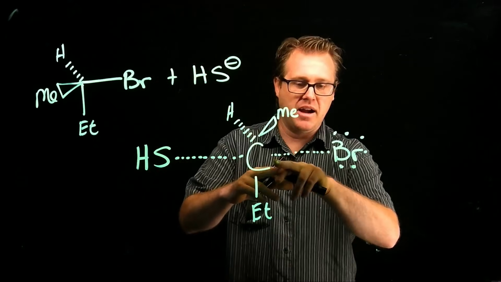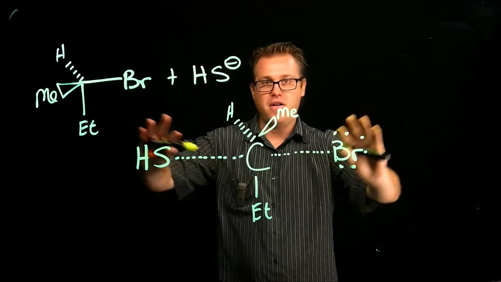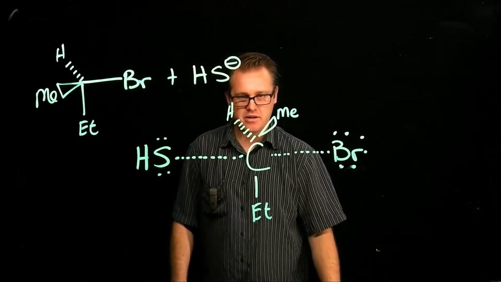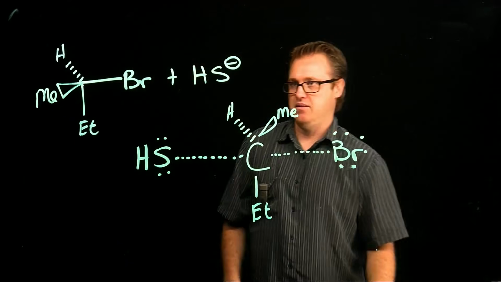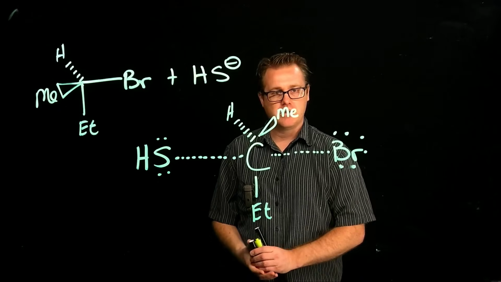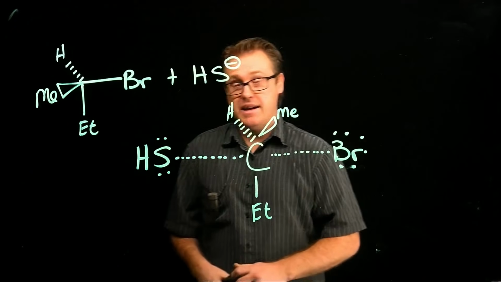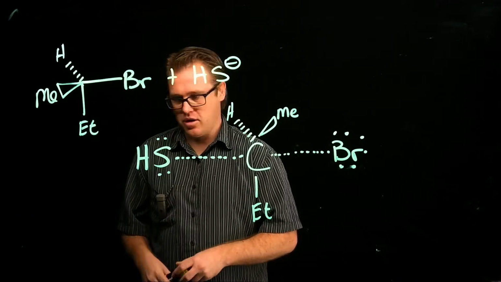At the same time, the carbon-bromine bond is breaking. They're far away from each other. No electron clouds are going to interfere. This guy's coming in at the same time that guy's leaving. It is just so much better. So that's one explanation as to why backside attack is the only way it occurs.